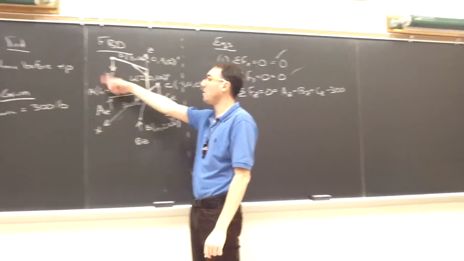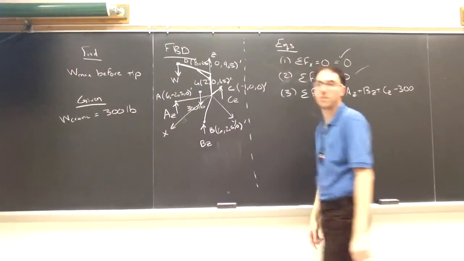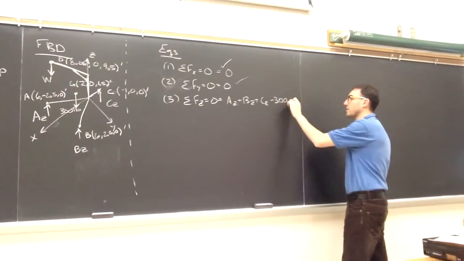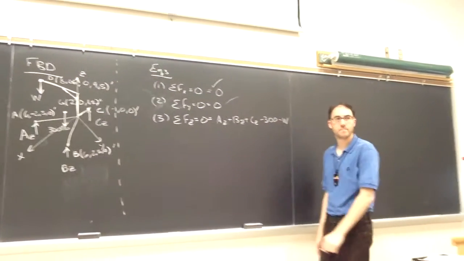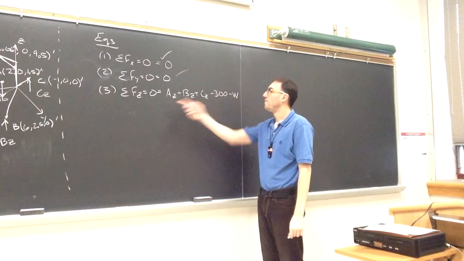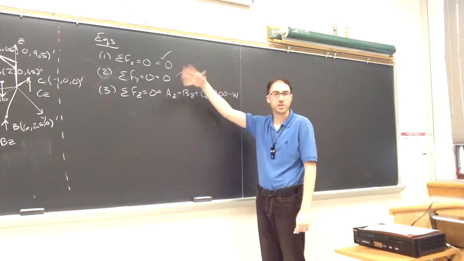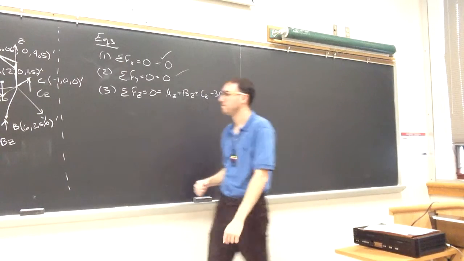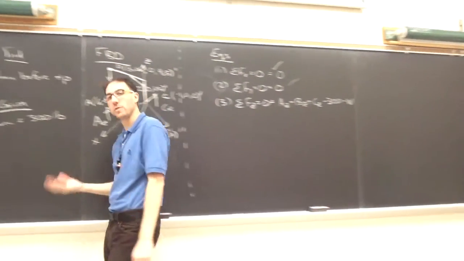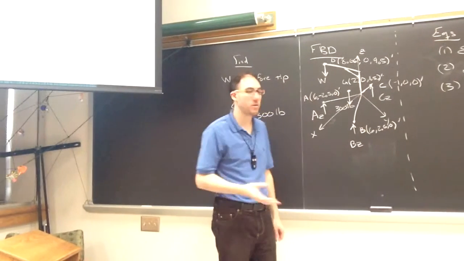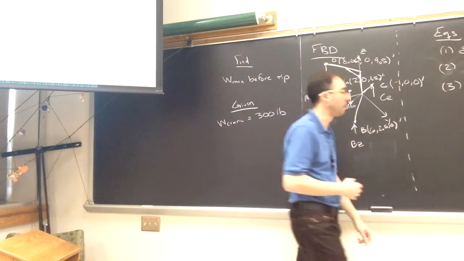And the weight of the barrel, which I'm to find in the end, is also going to be only in the negative Z direction. 4 unknowns, and really only 1 equation that's useful here, since 1 and 2 aren't going to add anything for us. The force equations in this case are very straightforward since things only had Z components.